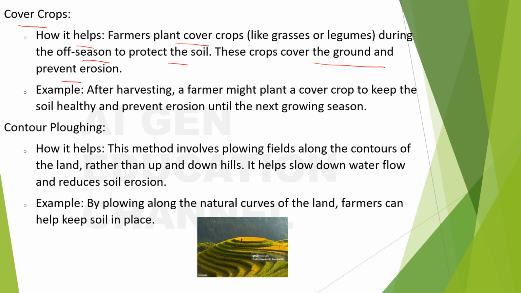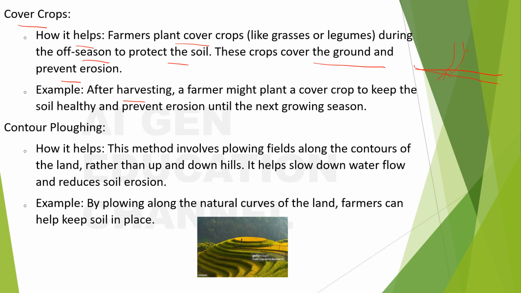So what happens is, after harvesting, a farmer might plant a cover crop to keep the soil healthy and prevent erosion until the next growing season. After the farmers are done with their work with the land, after they are done with harvesting, they take off the crop, and then the land will lay bare, right, without any crops.